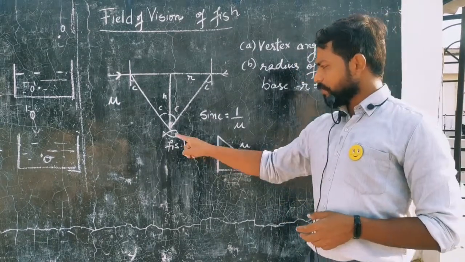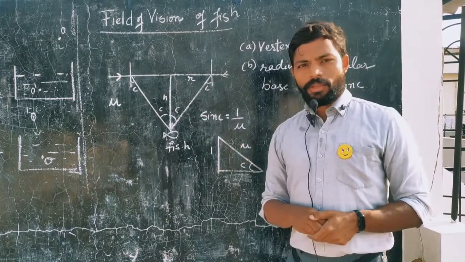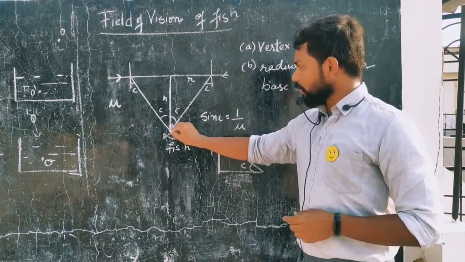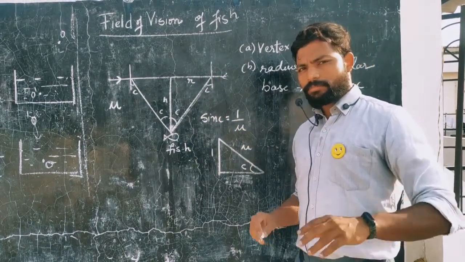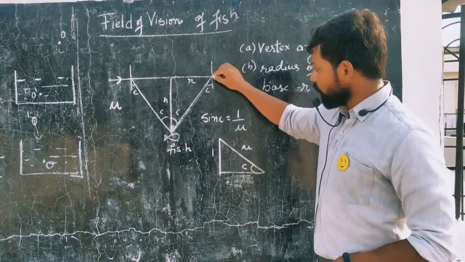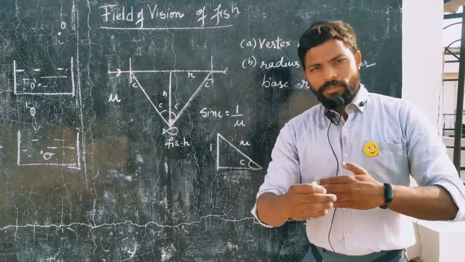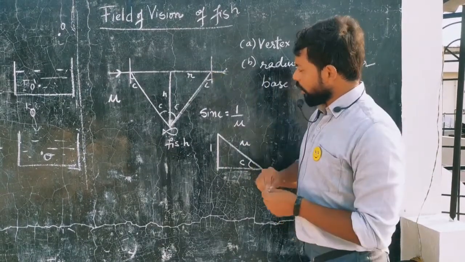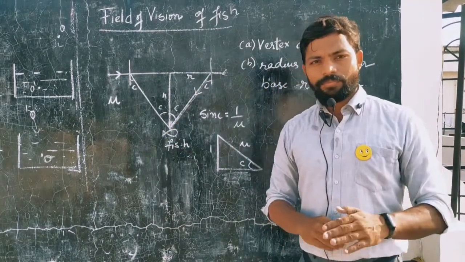Okay, let us say the fish is here at a depth h, and we know that any light which is traveling at more than the critical angle or at the critical angle will graze the interface. On the contrary, the light which is actually passing through the interface will enter at the critical angle and it will reach the fish.